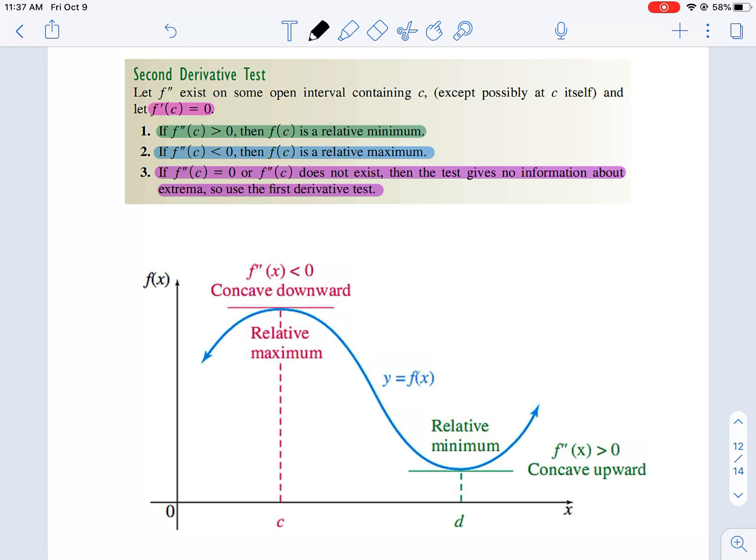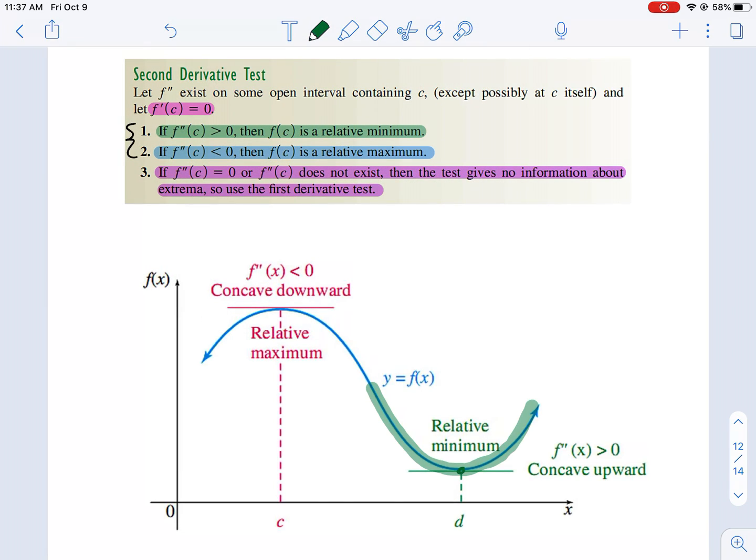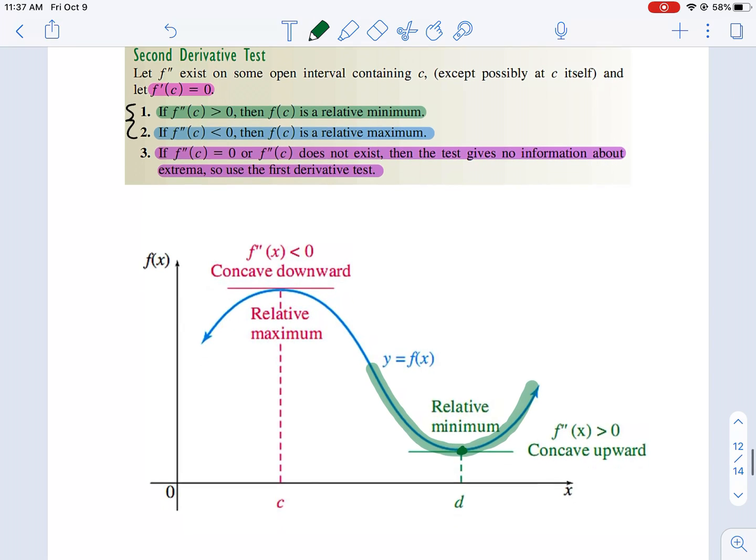All right, so why are these first two statements true? Well, if we take a look at statement 1, notice that the second derivative is greater than 0, and that means the graph is concave up. So the critical number in that interval is going to be a relative minimum.